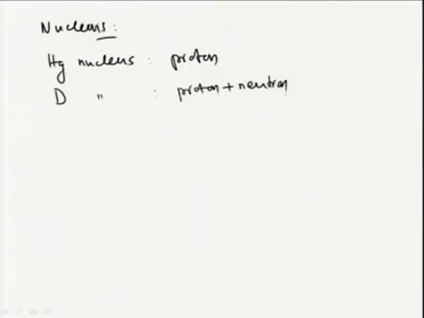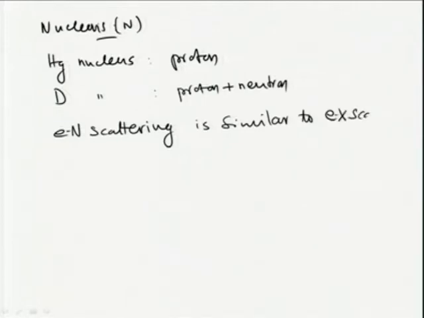So, it is similar to e x scattering. Therefore, e nucleon scattering, I will denote nucleons, either proton or neutron, by p or n, is similar to e x scattering. But we have to be careful about a few points.